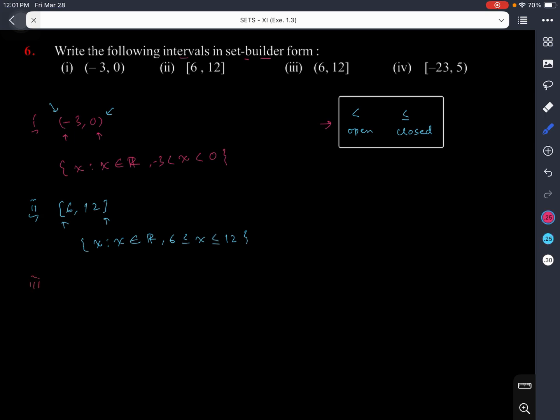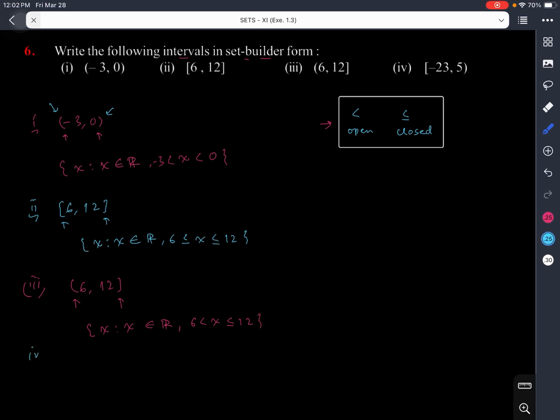Part number third. Here the interval is (6, 12]. So one can observe that from left side this is an open interval, and from right side this is a closed one. So in set builder form, the interval can be represented as x such that x is a member of real numbers, where x is greater than 6 but less than or equal to 12.